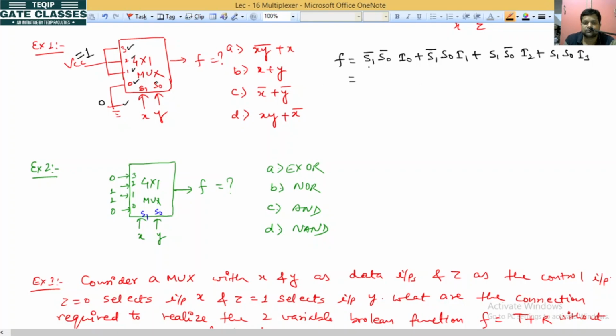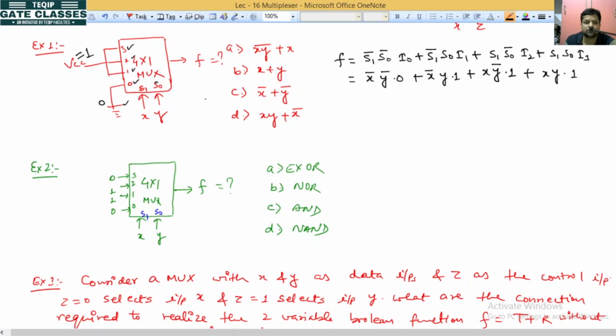So S1 is x bar, S0 is y bar, and I0 is 0, okay, plus x bar y, I1 is 1, plus x y bar, I2 is 1, plus x y, I3 is 1.